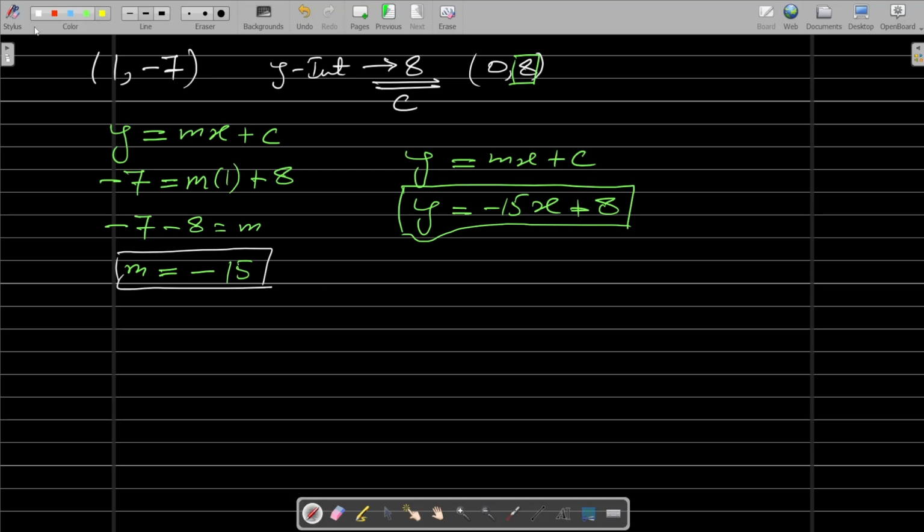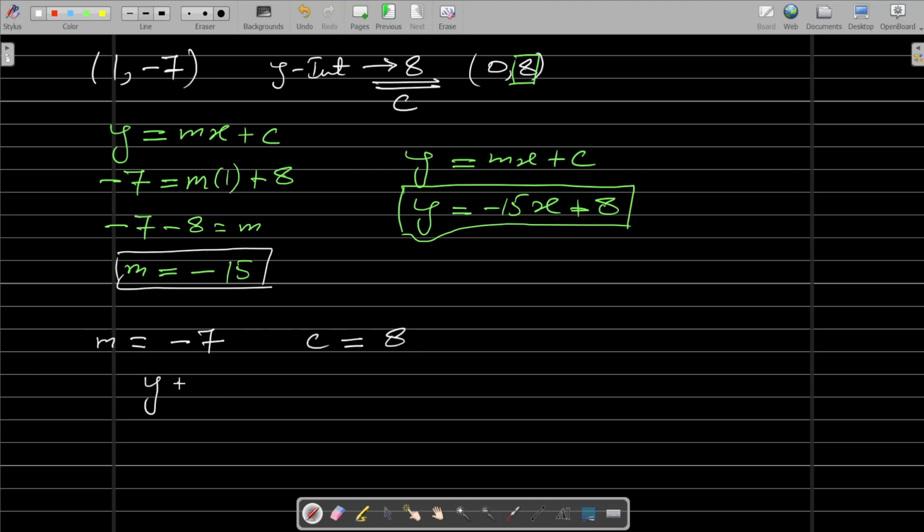So we can even see one more example here. For instance, we have the given slope as negative 7, and the value of c is maybe positive 8, and we don't have any point right here. So it's not necessary to have a point when you have to apply the first method.